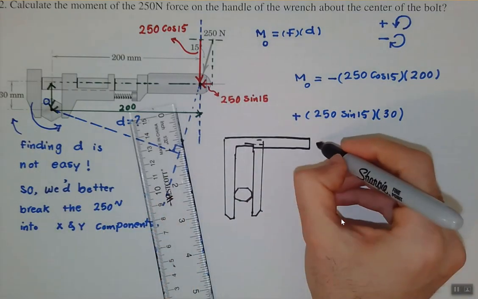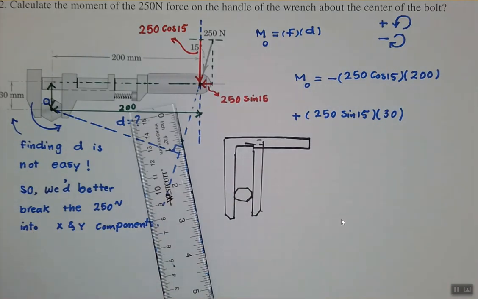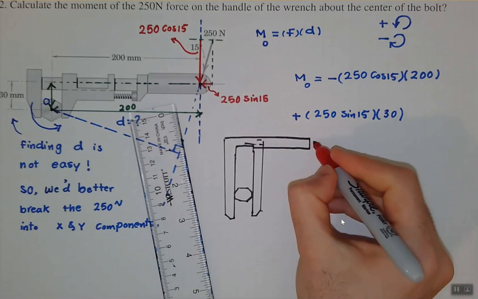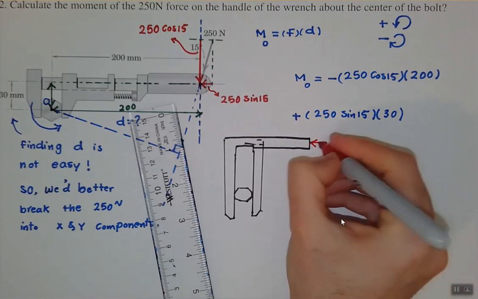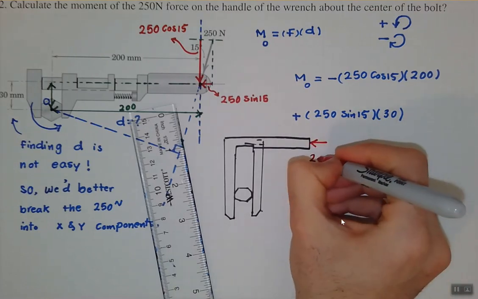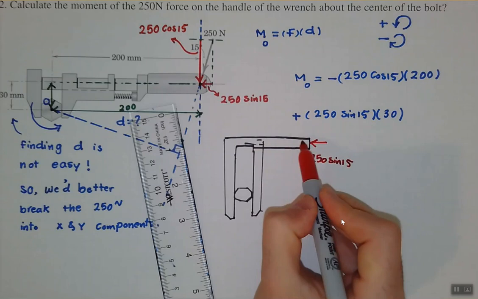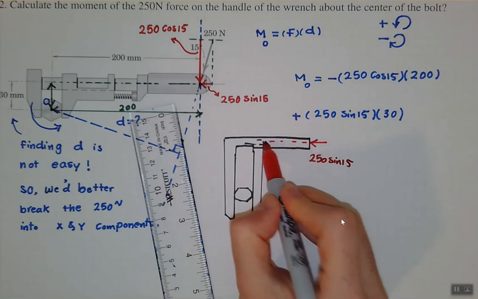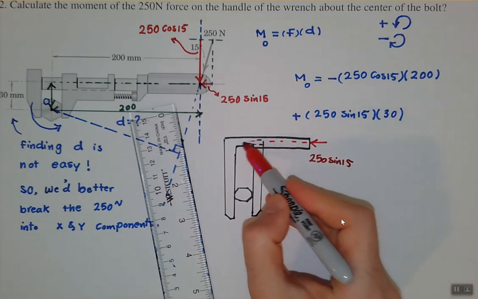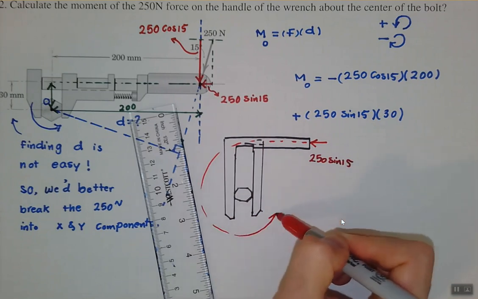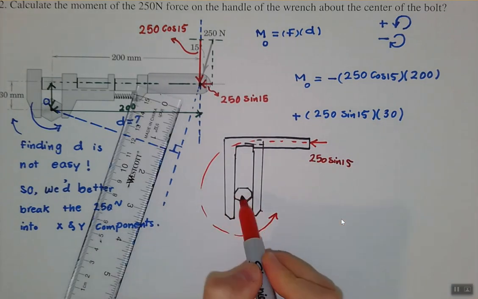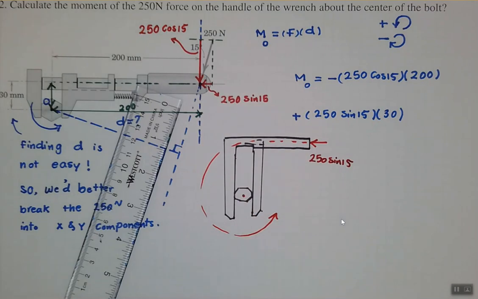So in that case, if I apply a load at this point, like this is the 250 sine 15, now it's easier to imagine that if you apply this load, it's going to rotate this knot counterclockwise.